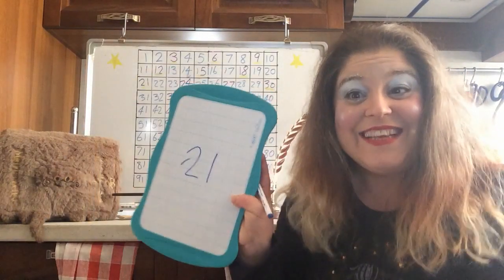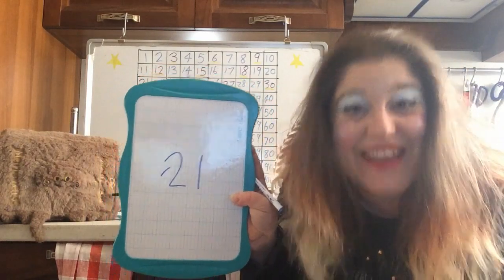Well done! Now, what multiple of 3 would come between the number 18 and the number 24? You're absolutely right. It's the same number, 21. Good job. Okay, last one.